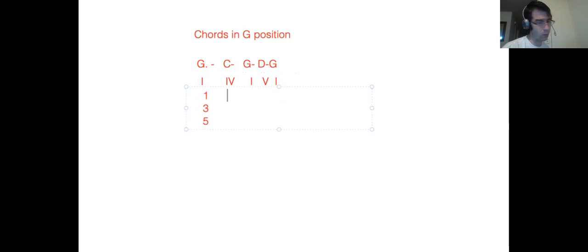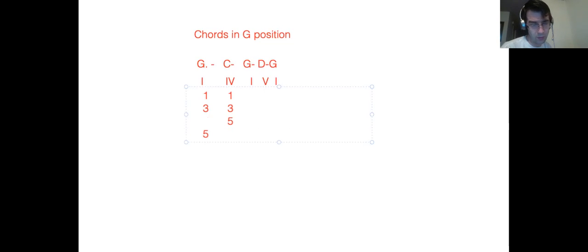Fingerings for the 4 chord: 1, 3, 5 as well. And then, of course, 1, 3, 5 for 1 again. And I would go 1, 2, 5 for 5.